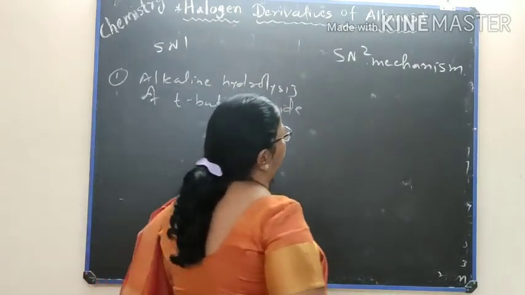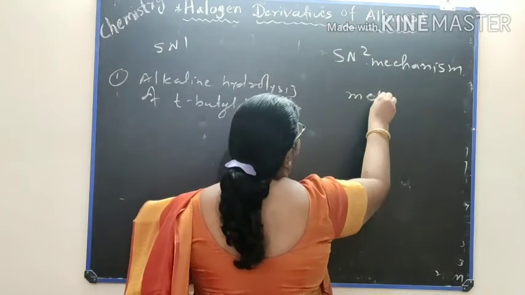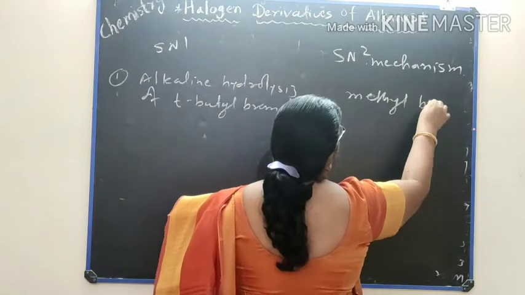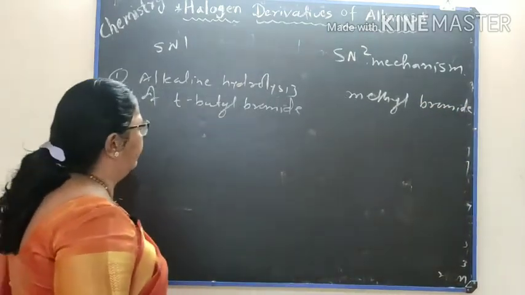In the SN2 mechanism, alkaline hydrolysis of methyl bromide takes place.